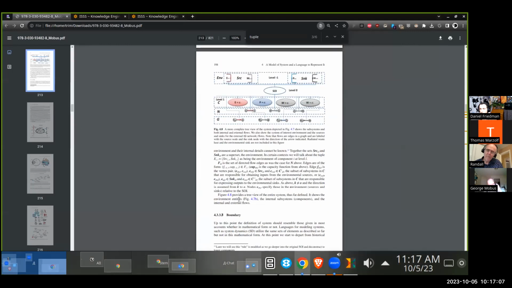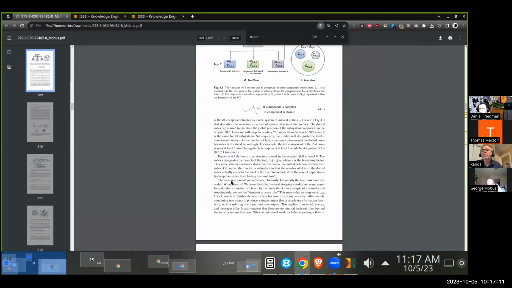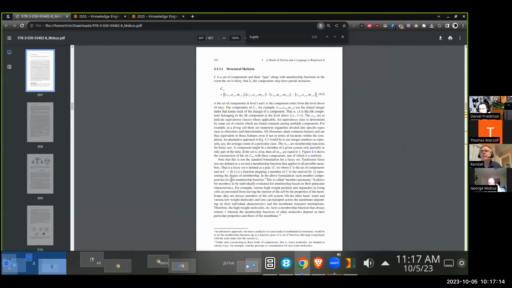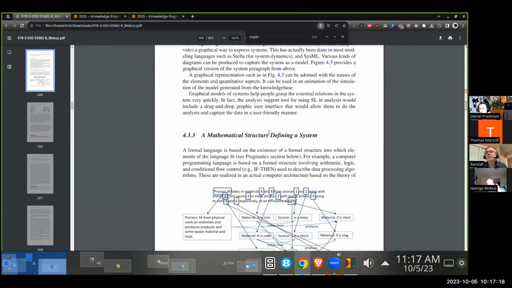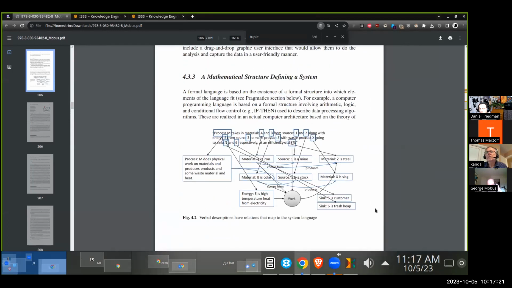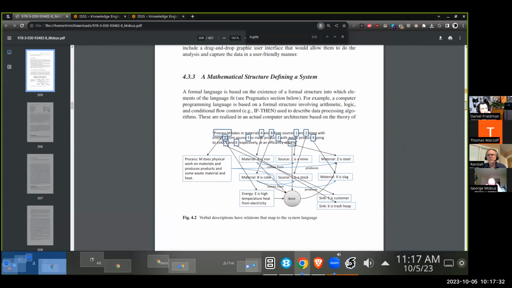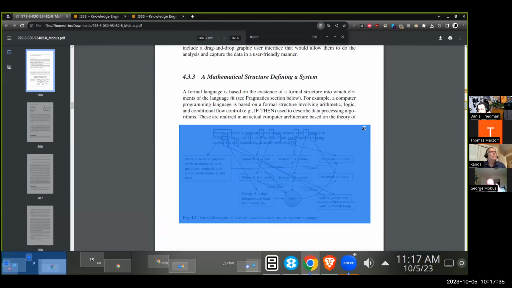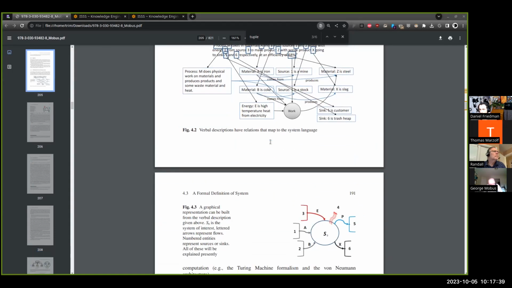What page is that? Okay. Yeah, so page 191 shows the basic equation.